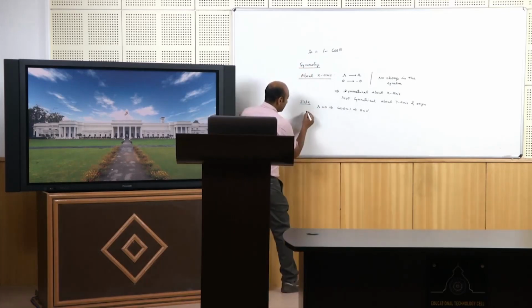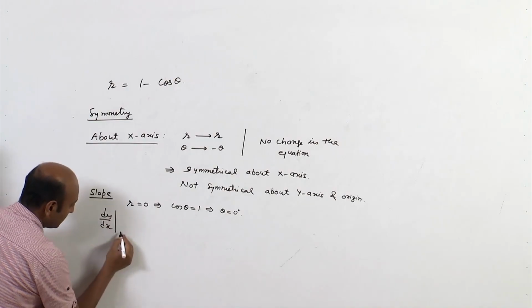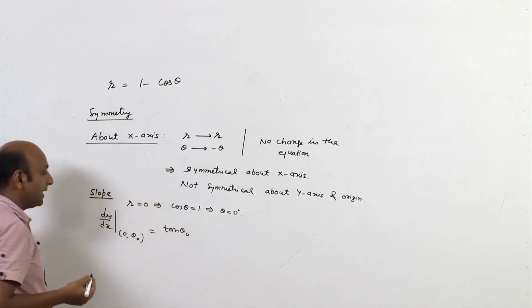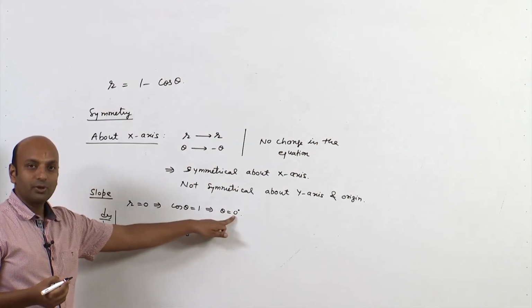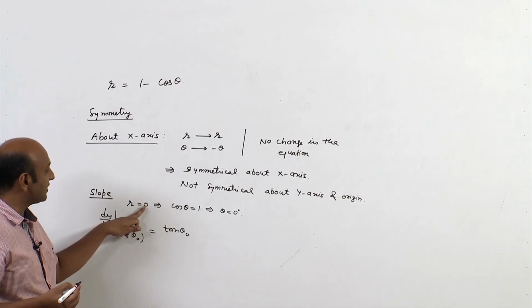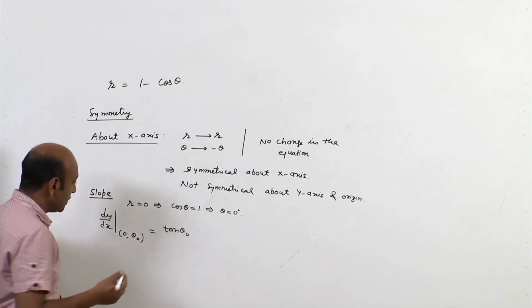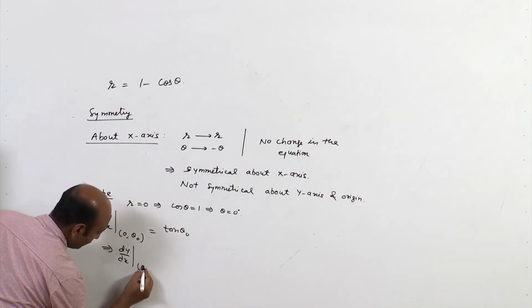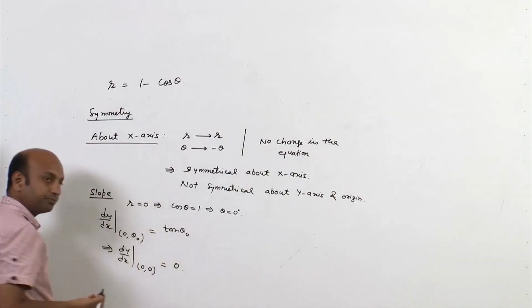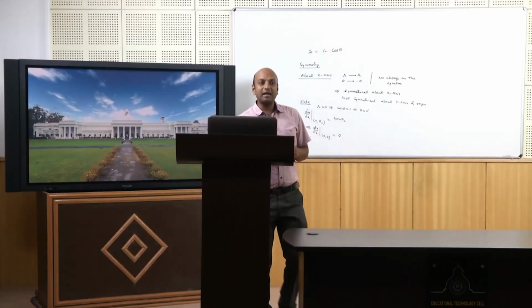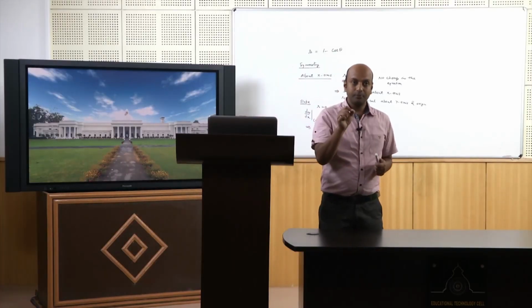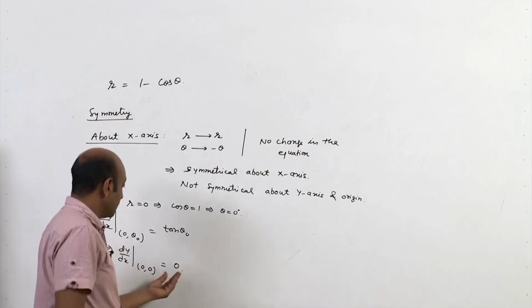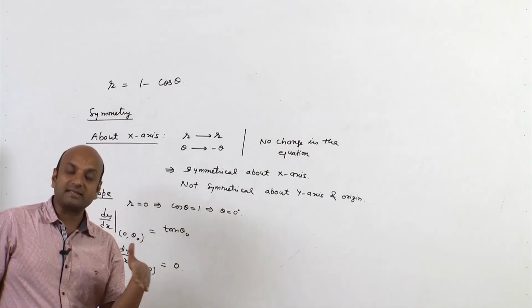Because we know that dy by dx at 0 comma theta naught is tan theta naught, and here theta naught is 0, because the point which satisfies this curve is 0, 0. So dy by dx at 0, 0 will be 0, because theta naught is 0. So that means at origin, at pole, the curve is touching x axis, because slope is 0.